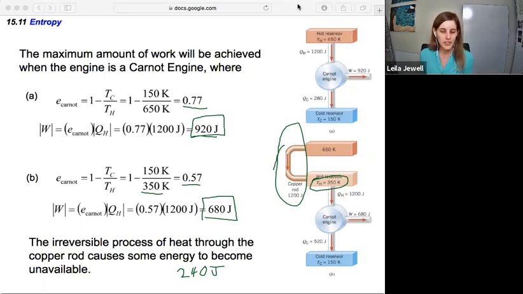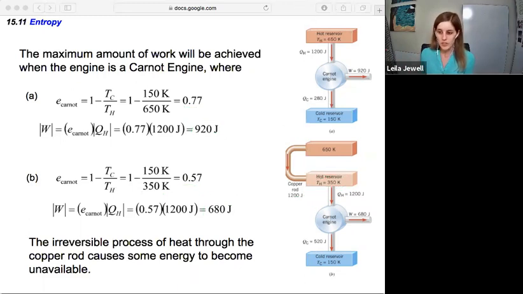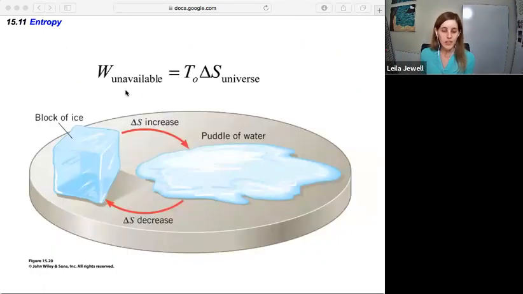And so this highlights actually a nifty little equation that we can calculate the unavailable work with: the temperature of the coldest reservoir times the overall change in entropy of the universe. So if we try it out with our numbers, the cold reservoir was at 150 Kelvin, and the change in entropy of the universe that we calculated for that copper rod in example 10 was 1.6 joules per Kelvin, which, by the way, those are the units of entropy.